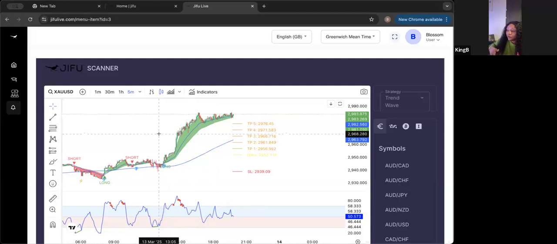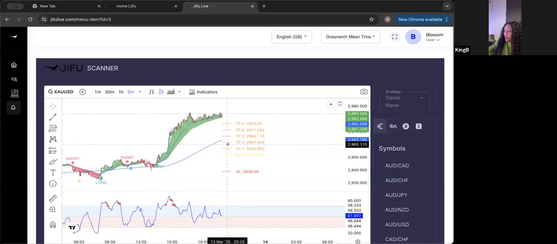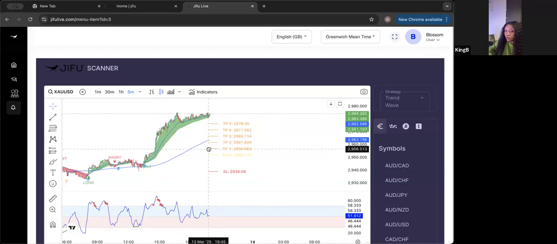I took my 2.5 demo to over 5K, then I moved it to my real account and did 1.5, and on Monday I moved my 200 pounds to currently 2.5 as we speak, just trading 2 or 3 days using the scanner. So guys, literally anybody can do this, and I'm going to show you how I use Trendwave.